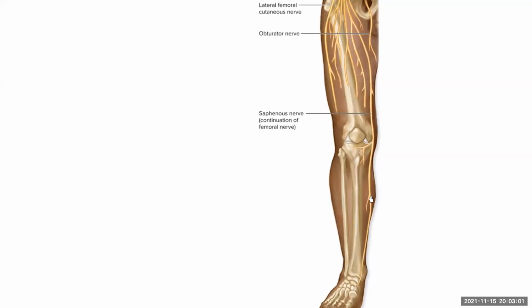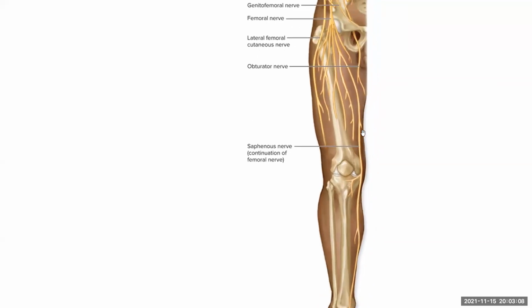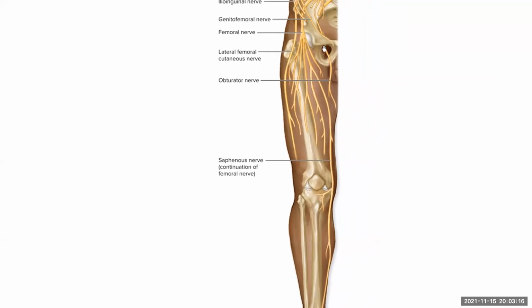Also, for the sensory innervation, the medial portion of your leg, and then up here, it's going to innervate the inferior portion here in the inside of your thigh. Whereas obturator, you can see it poking out here through the obturator foramen, right? It comes out and it's going to give sensory innervation to the superior medial portion of the thigh, but also it's going to innervate the thigh abductors.